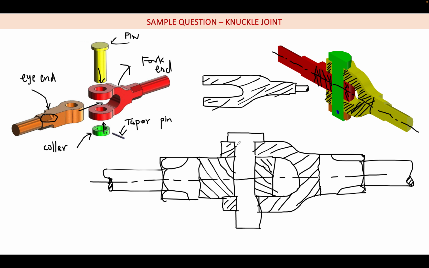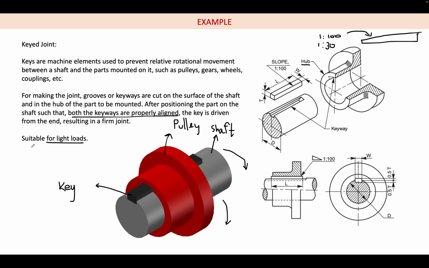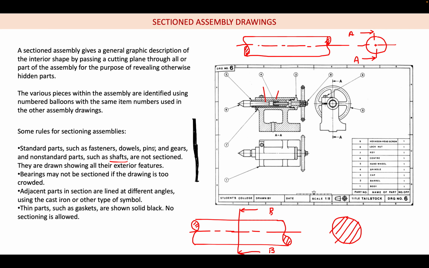As I told, any fastener like this. As I showed here, fasteners like dowels, pins, gears, pads and shafts, when they are sectioned and when they are not sectioned, I just explained. So here also, only when the cross section is cut do we section it; otherwise we show it as it is.